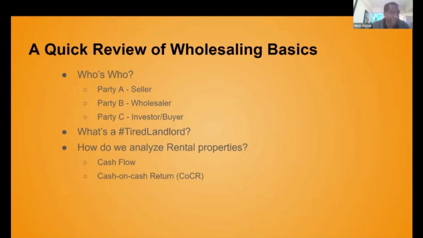So property tax, insurance, vacancy, all those things are taken out. Whatever's left at the end of the year, that's my cash flow. And I'm looking for that to be ideally positive, and even better, hugely positive.